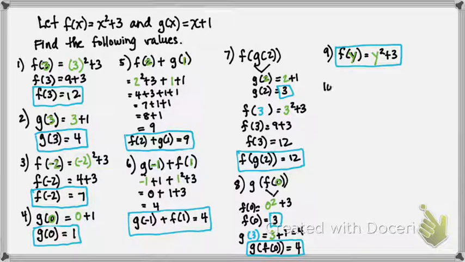I promise. What if we have the value of function g at w? Well, remember, w is going to be your input. And then every time I see x, I'm going to substitute that value of w. Now again, I can't add w plus 1, so I'm done. So the value of the function g at w is equal to w plus 1.